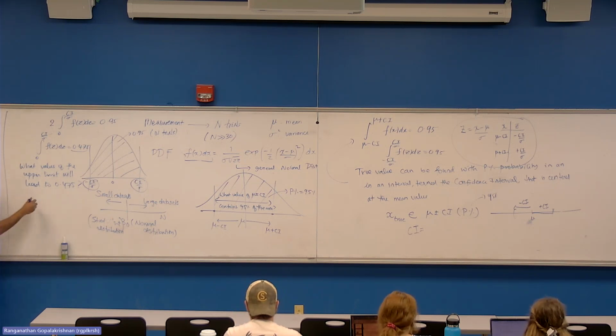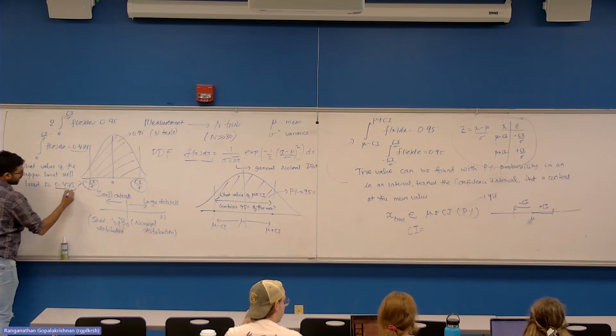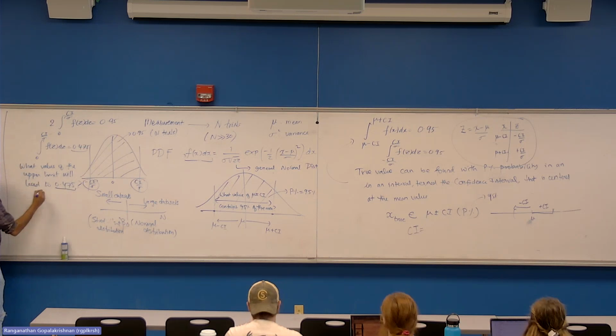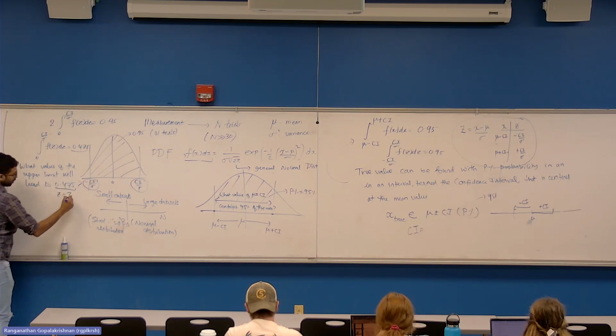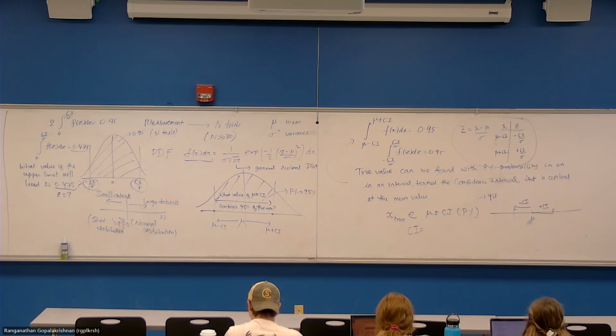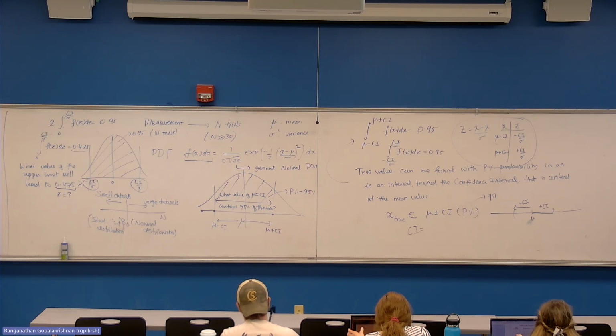Look at the tabulation and see what value of z will lead to 0.475. 1.96. So two people have confirmed 1.96. I want all of you to actually do it and confirm that you are able to do that.